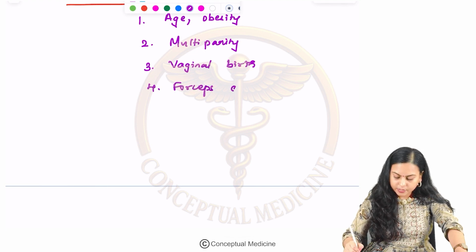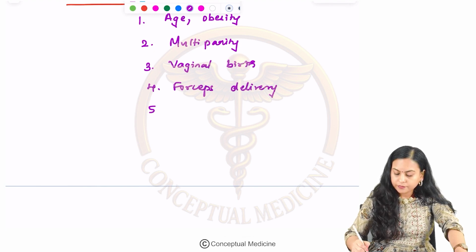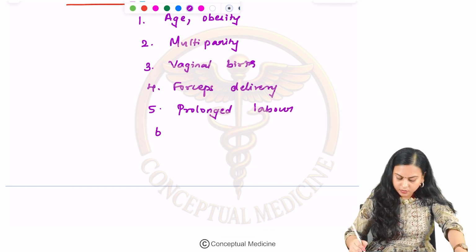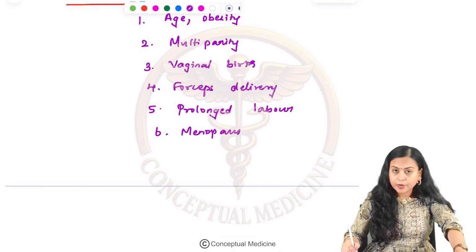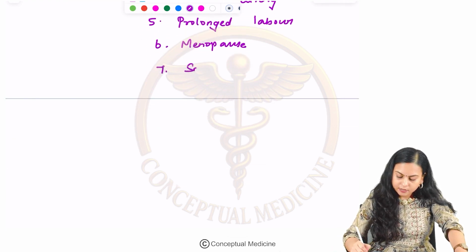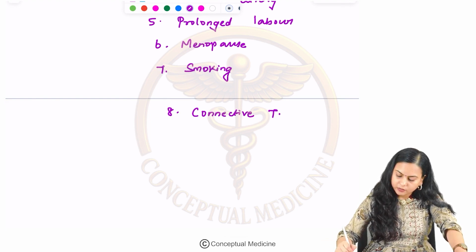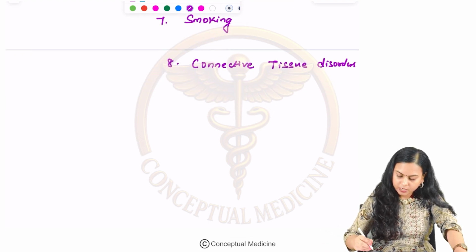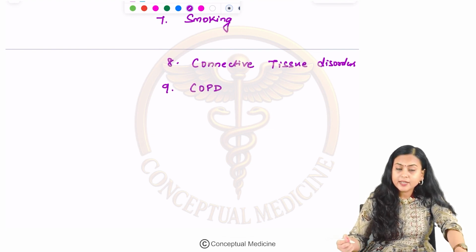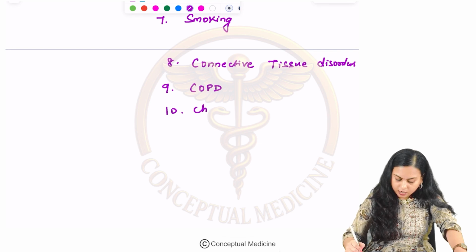If she had a forceps delivery or there was prolonged labor, she has attained her menopause, there is a history of smoking, she is already affected with connective tissue disorders, she is a known case of COPD and chronic constipation.